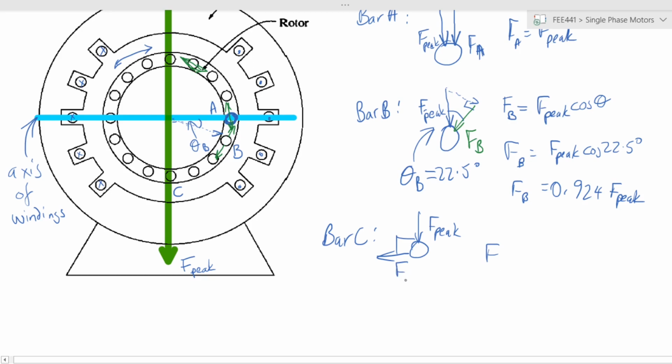FC will be equal to F peak cos theta C, but theta C is 90 degrees. So that means that FC is equal to F peak times 0.